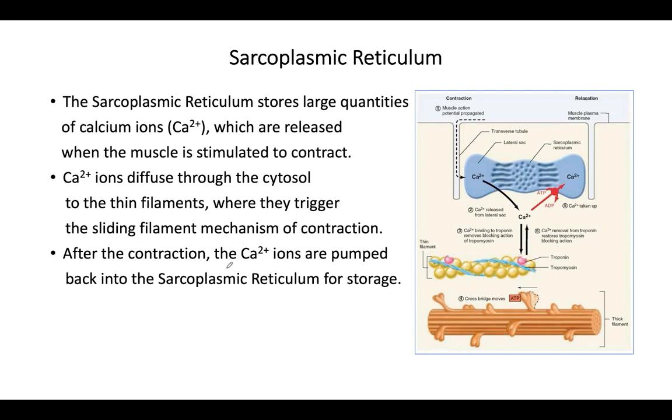After the contraction, calcium ions are pumped back into the sarcoplasmic reticulum for storage. Aha! There is a reason why the structure of a triad is required. Why do T-tubules need to invaginate? Why is an enlarged structure of sarcoplasmic reticulum present adjacent to the T-tubule?